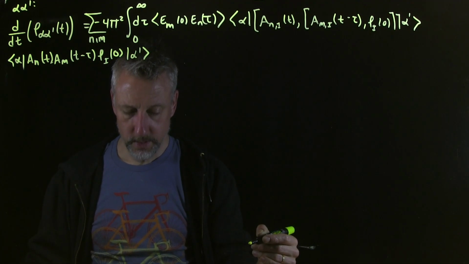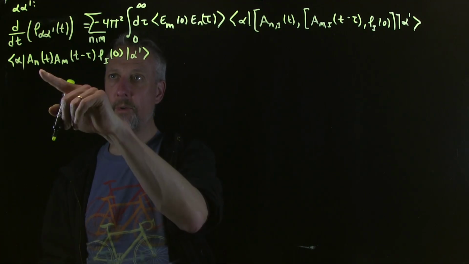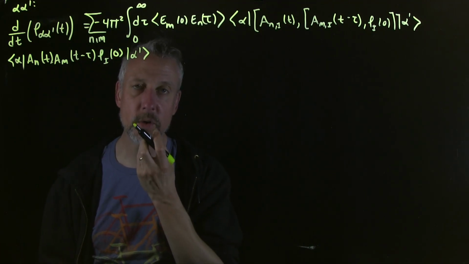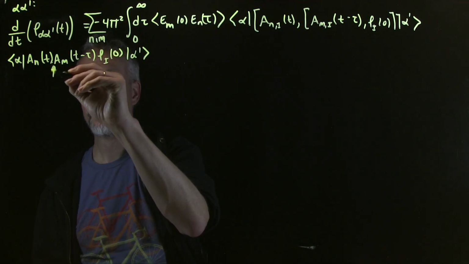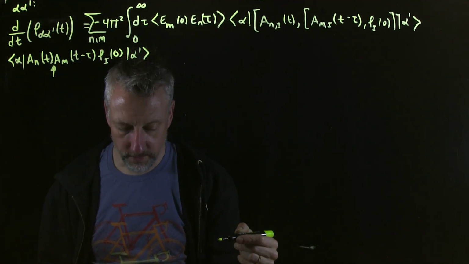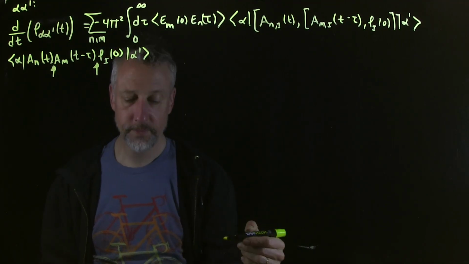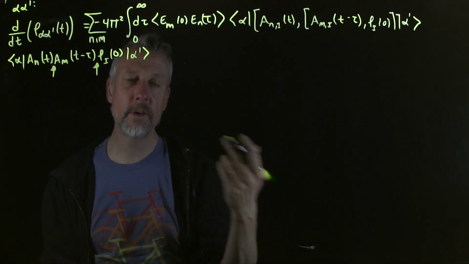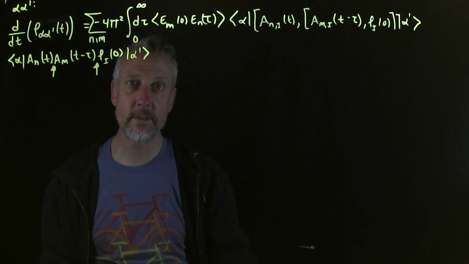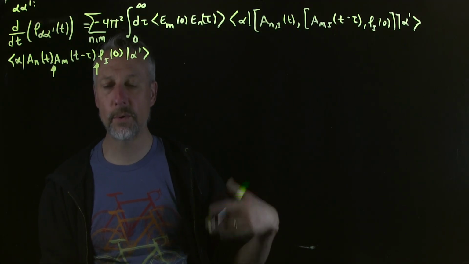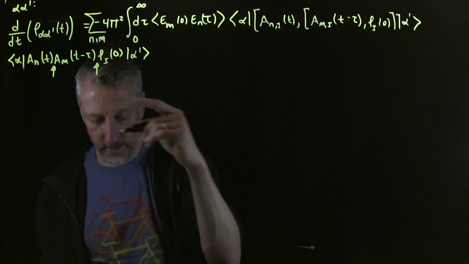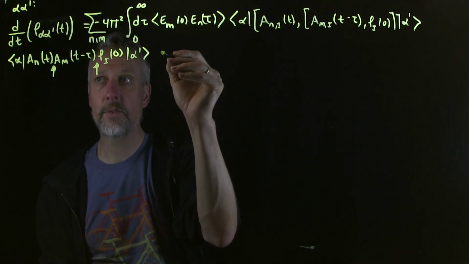All right. So the way we make progress, when we have products of operators like this, there's not much you can do except to put in the identity in between. So we're going to put in the identity here, and we're going to put in the identity here. The alpha and alpha primed vectors are obviously system state vectors. So we're going to put in the identity here and the identity here, and we'll just use betas for that.